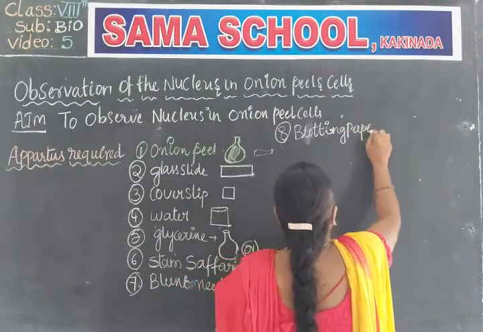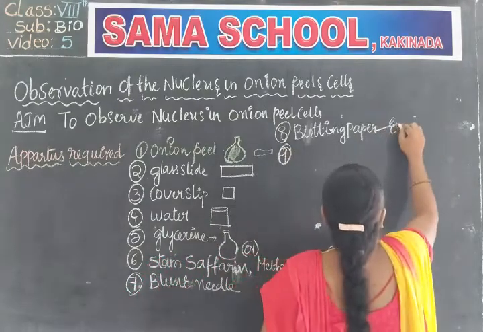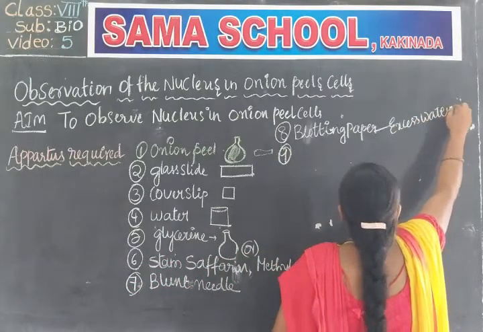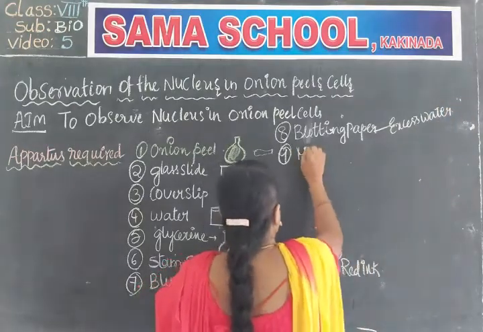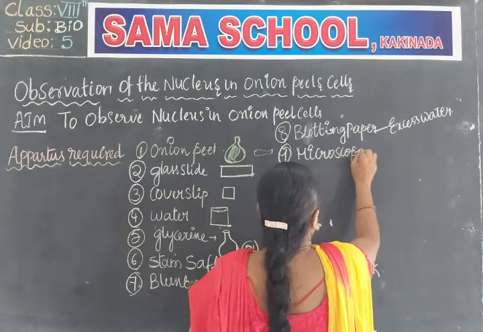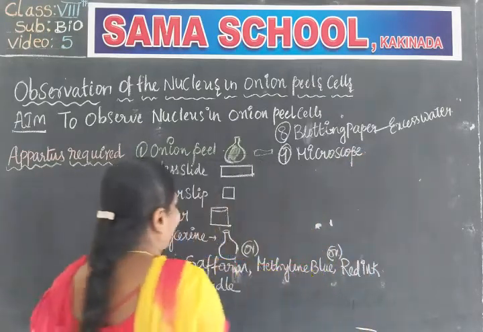These are used to take excessive stain or excessive water. Then we need a microscope. Then these are the materials required.